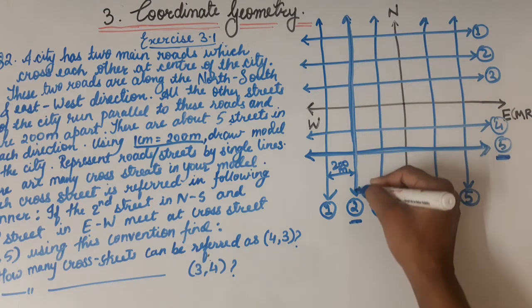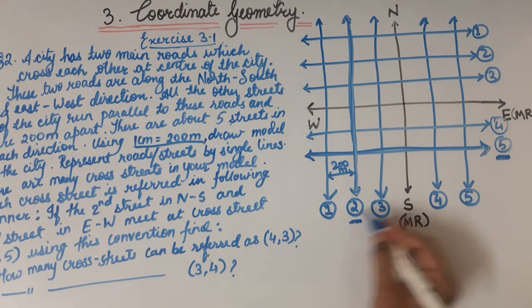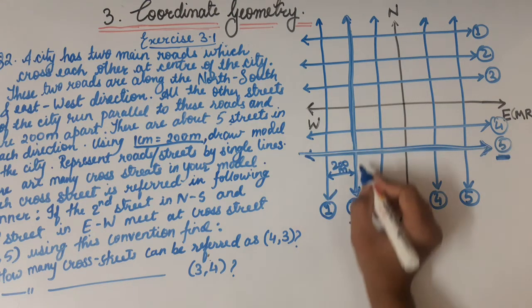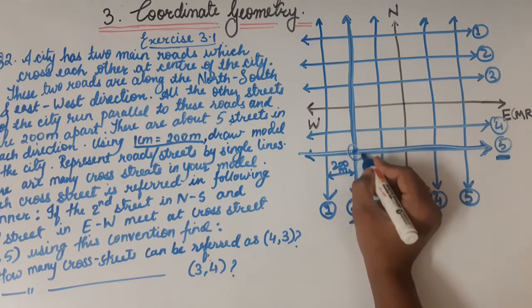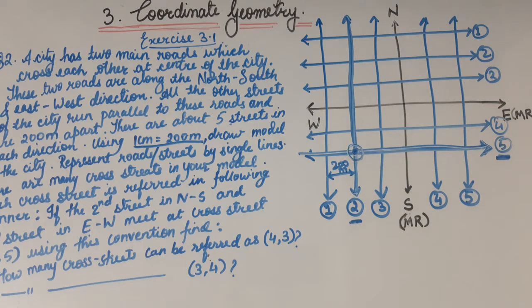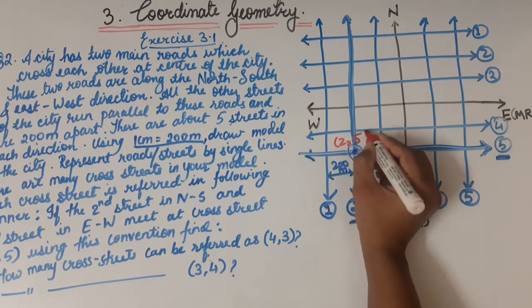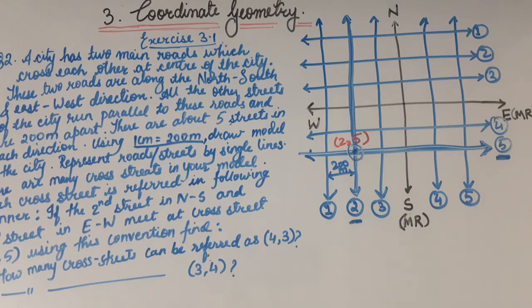Second in the north-south and fifth in the east-west. Where are they crossing? Here, right? So they have told us that it is referred to as 2, 5. So in this manner they have named the cross street.